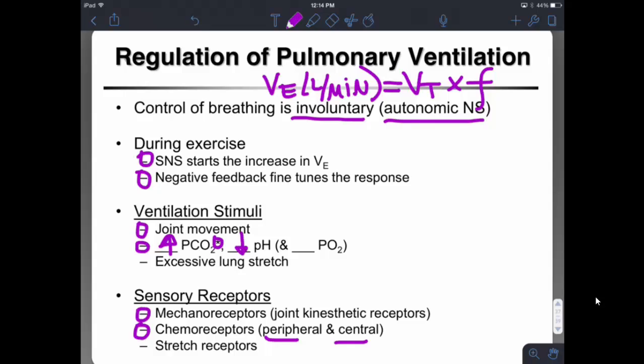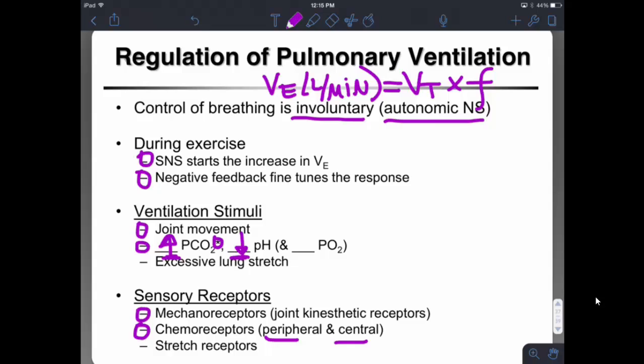Okay? And we've talked about these themes throughout this chapter. And the greater the intensity of the exercise, the more your PCO2 is going to rise, the more your pH is going to drop. And so greater changes in these chemicals is going to cause a greater increase in breathing to match that increased need.